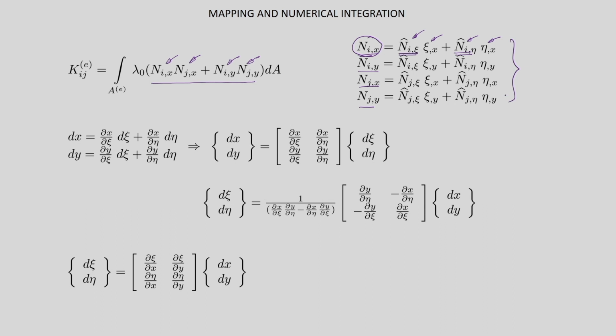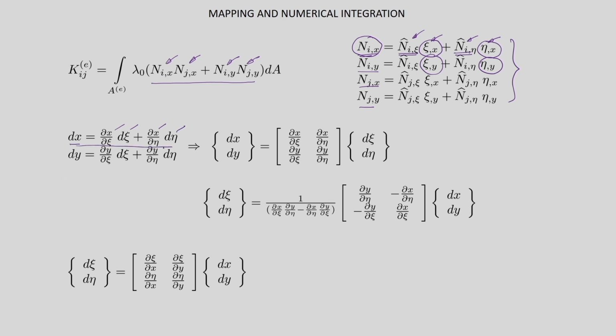Now, in order to calculate this, we need to know the values of ∂ξ/∂x, ∂η/∂x, ∂ξ/∂y and ∂η/∂y. You remember how we calculate this in the case of triangular elements? We said dx is equal to ∂x/∂ξ dξ plus ∂x/∂η dη, alright.